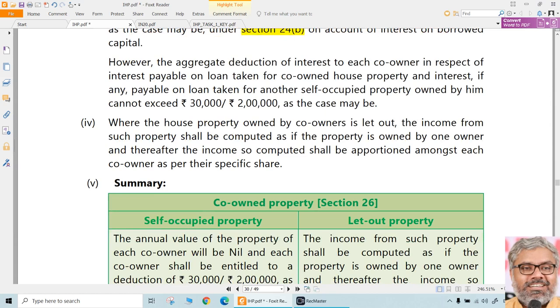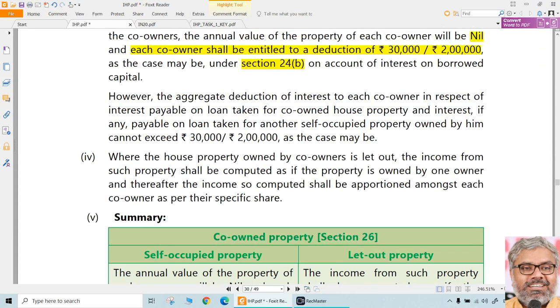For an individual, let us say the co-owner has interest on borrowed capital related to this property of 1,50,000, and he has another property also called self-occupied. There also he has interest on borrowed capital of another 1 lakh. Can he claim 2,50,000?